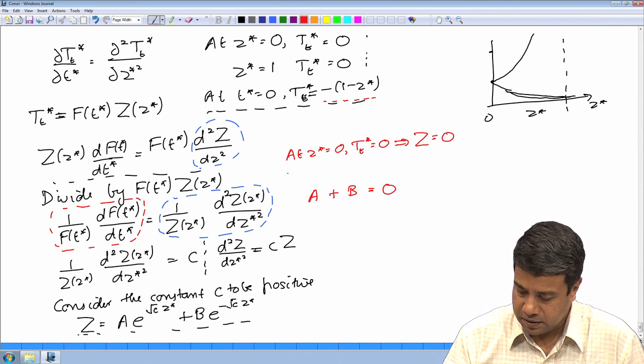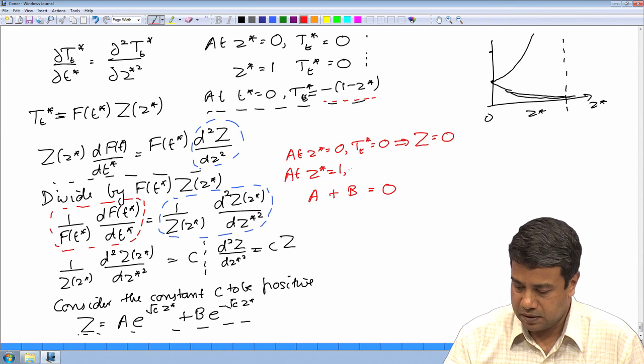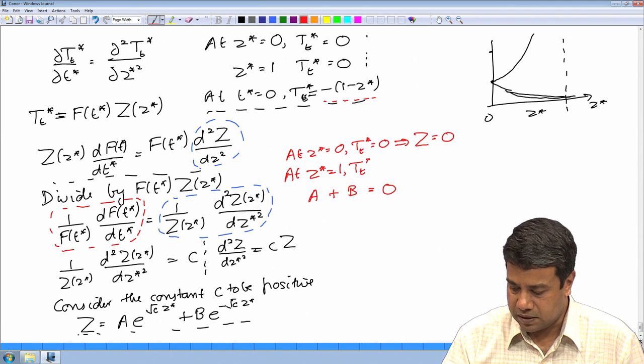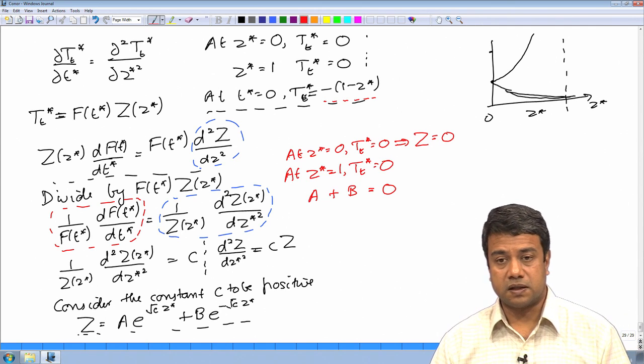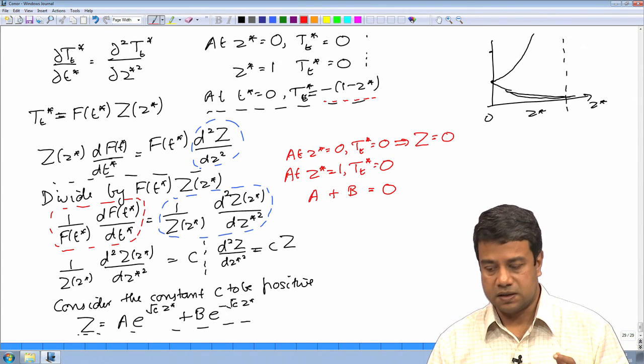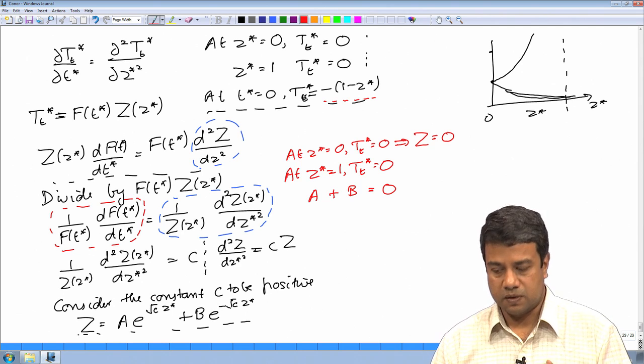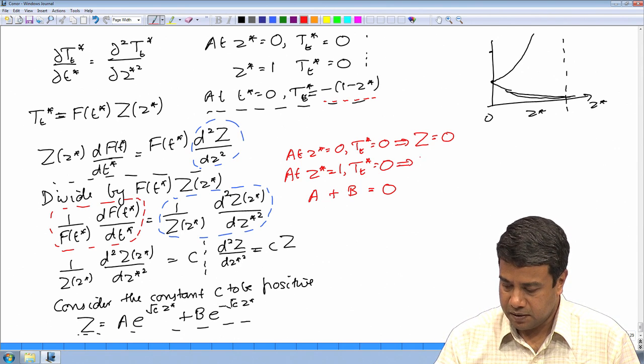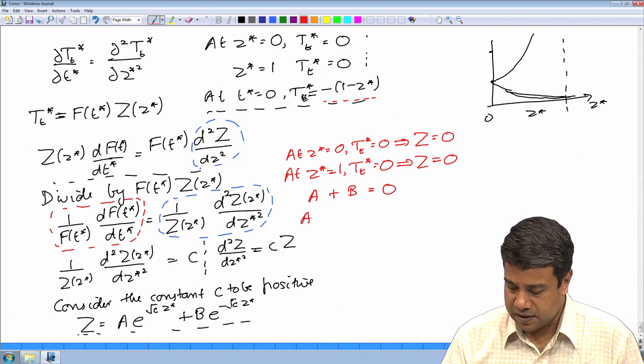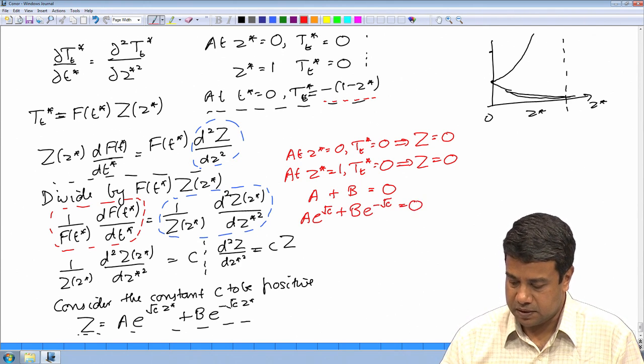At Z star equal to 1, t star equal to 0, I told you that the transient part of the temperature is 0 on both boundaries, which implies that Z is equal to 0. This will give us a e power root c plus b e power minus root c is equal to 0.